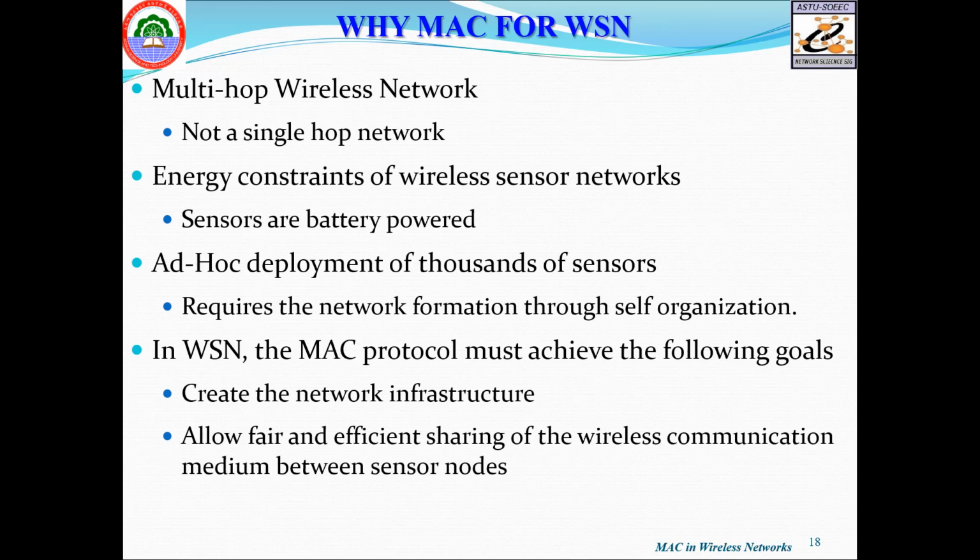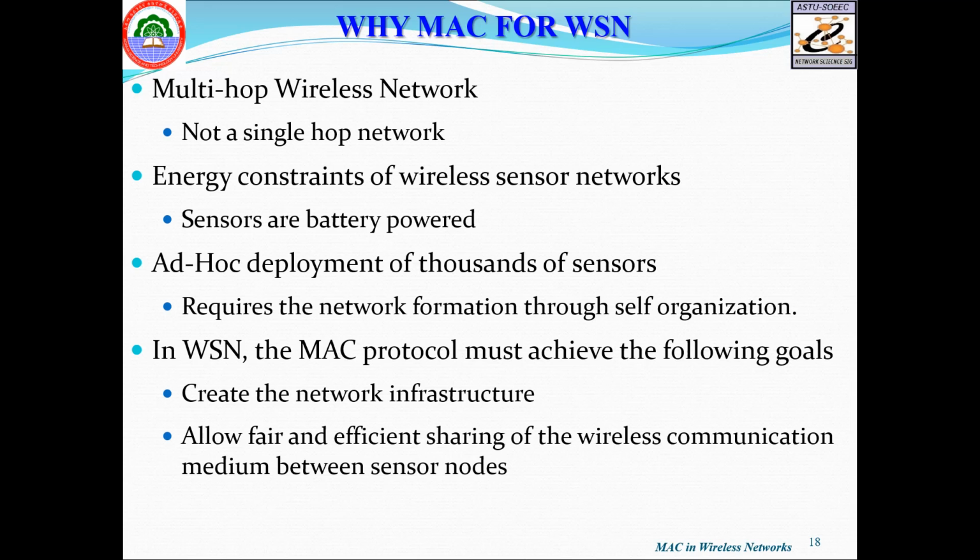There are thousands of sensors in a particular region. Once we deploy these nodes, they have to organize themselves, and the network will have to be formed. These requirements cannot be easily met by traditional MAC protocols like FDMA, TDMA, and CDMA.